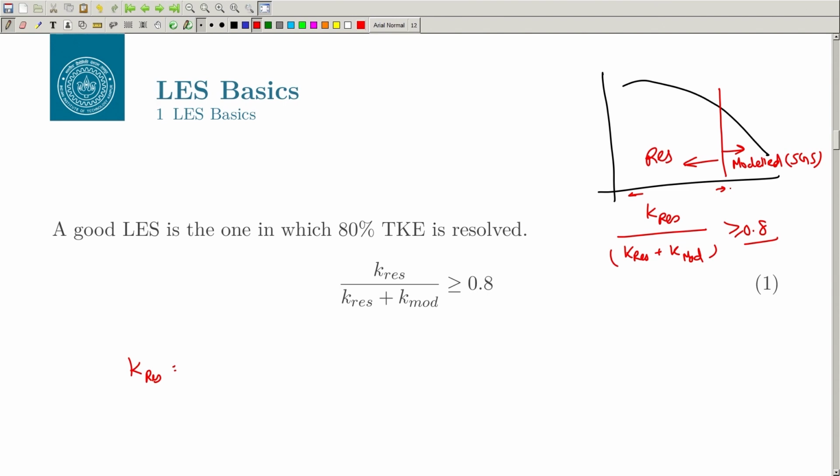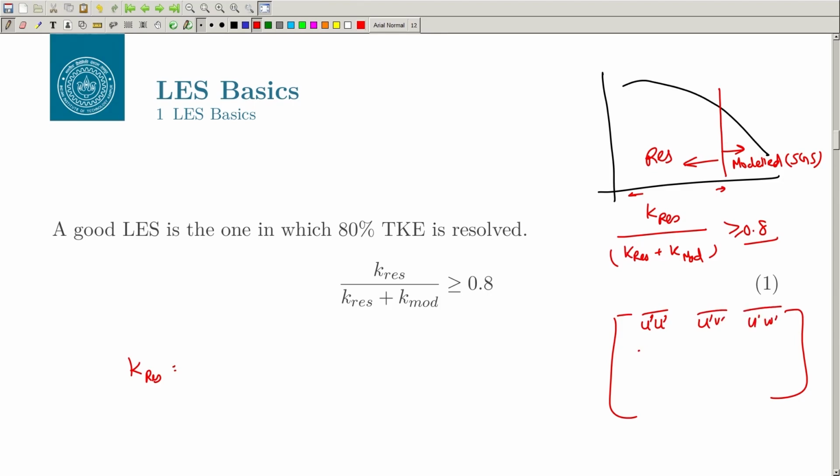So, if you look at the stress tensor, you have u prime bar, u prime v prime bar, and u prime w prime bar.